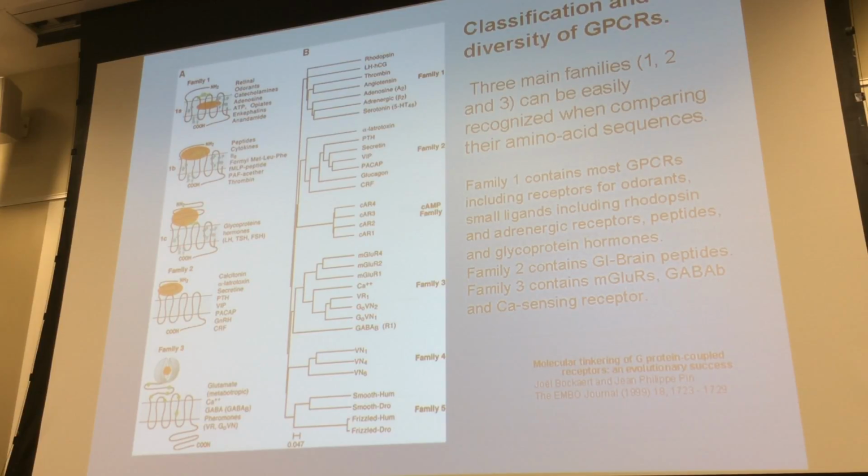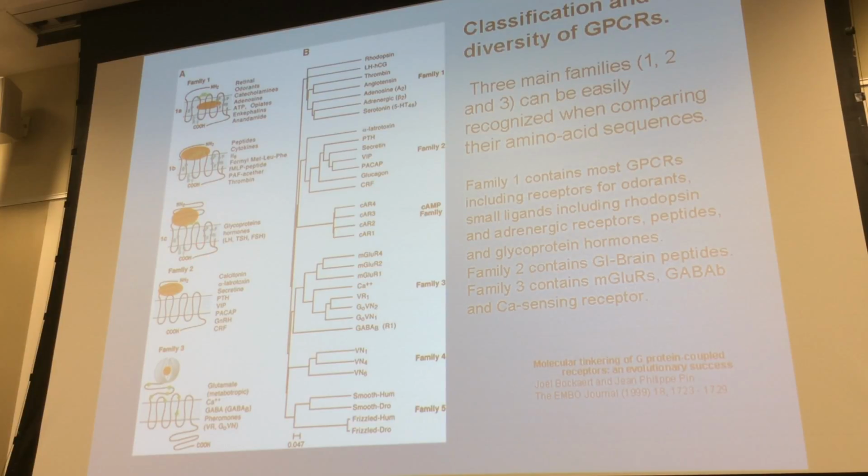We have some that are going to be going through very large N-terminals on the outside of the cell that are going to be responding to some very large hormones like LH, TSH, and FSH that are about 60,000 molecular weight. So you can see that at this point we have a much larger ligand than some of these small ligands that tend to be binding and nestled inside where the G protein coupled receptors are located.